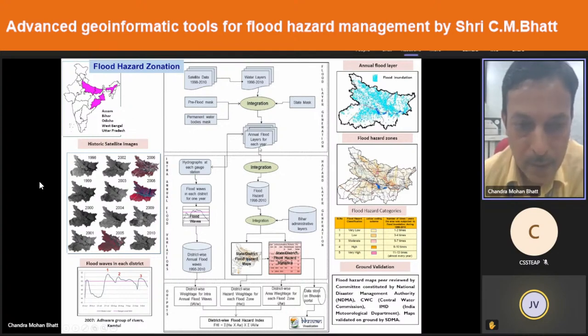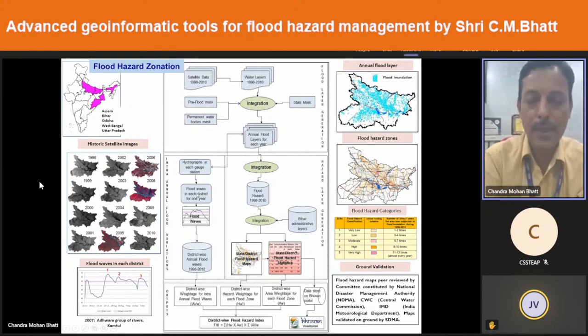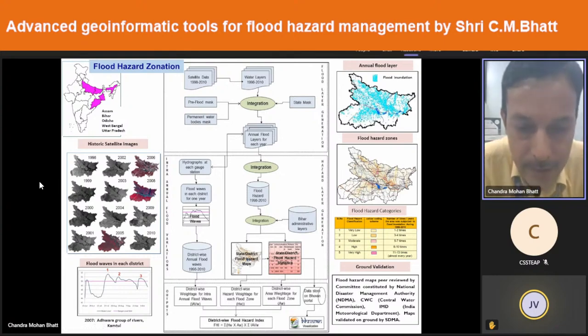And considering the gauge data also from the rivers which are present in Bihar, and also the number of flood waves that affect it in each year, these layers have been integrated with the waves and the gauge data to assess the flood hazard index.